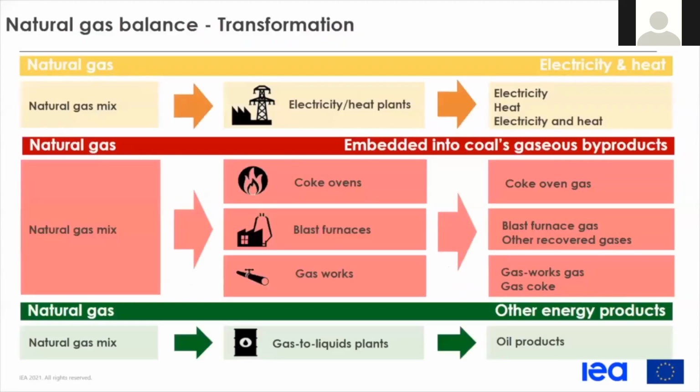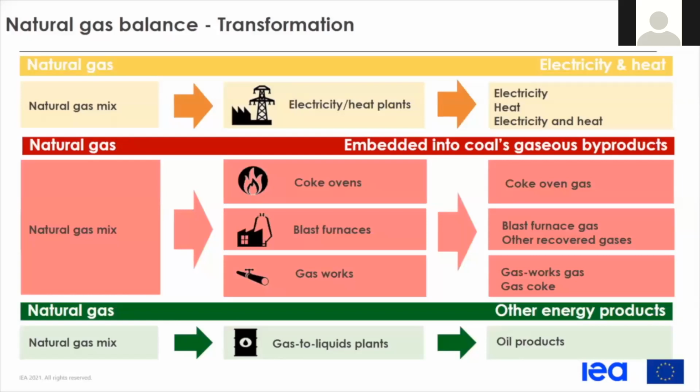Now, if we talk a little bit about transformations, natural gas can be used in several ways to be transformed into another energy form. The most obvious is electricity and/or heat plants, to produce electricity and heat.